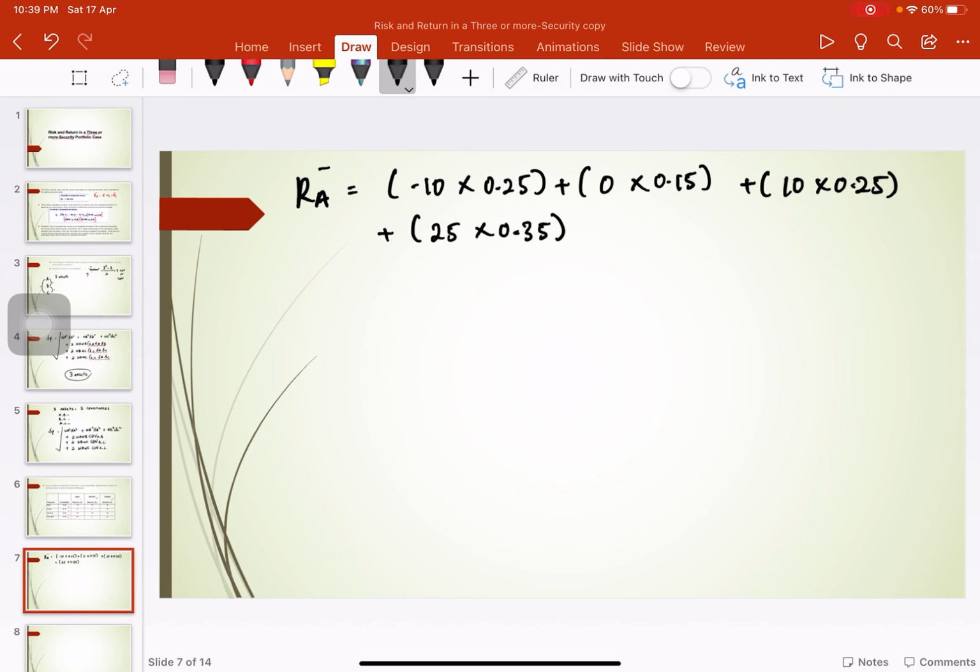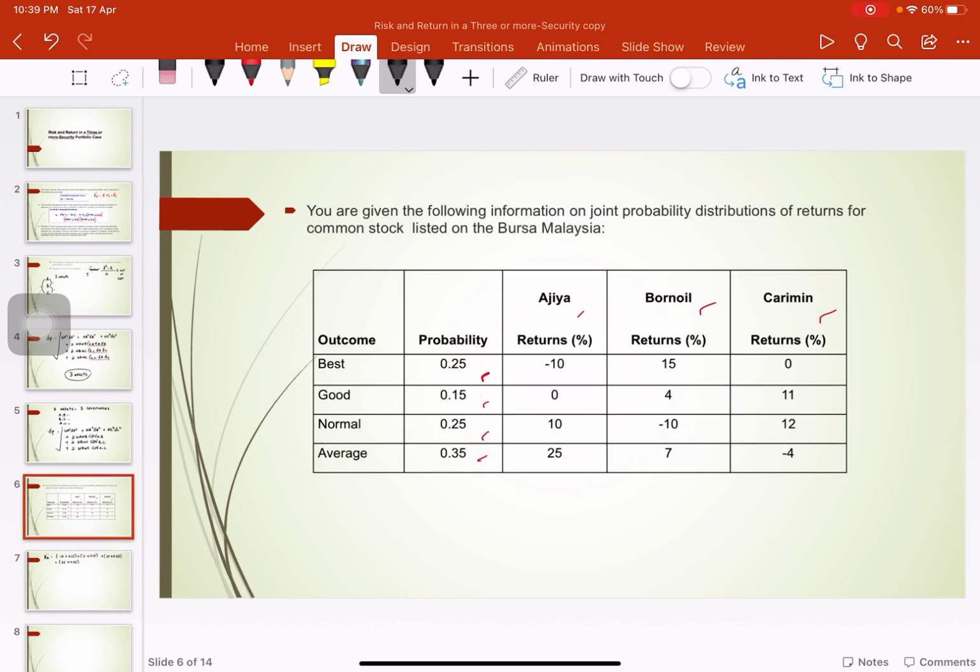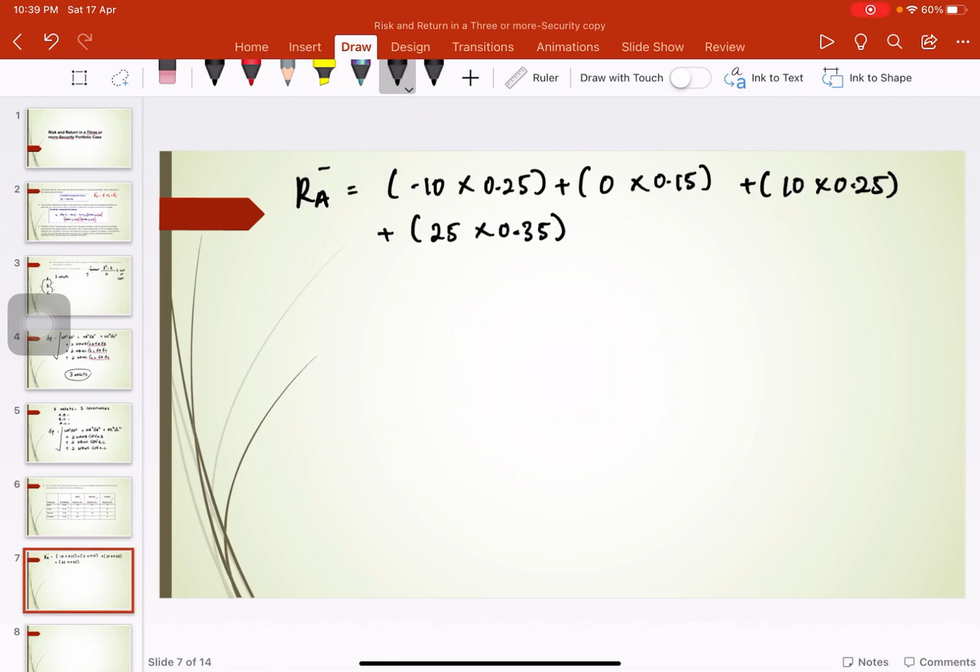So ni you kena banyak kali ulang tengok yang ni. Make sure you salin dulu ataupun snap dulu the question. When you work out this one, the R cap for Ajia, RA, you will get 8.75%.